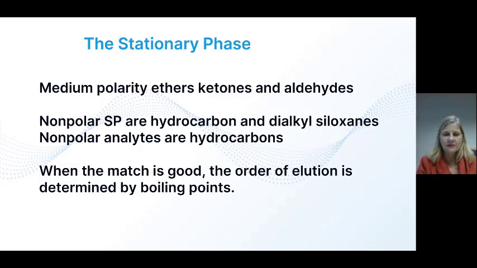Now, when we have GC, if the match between your analyte and your stationary phase is good enough, then your order of elution would be according to boiling point. And you can go and check that.